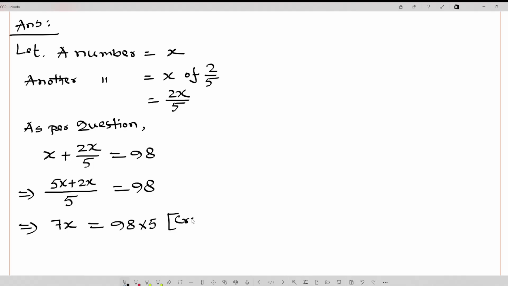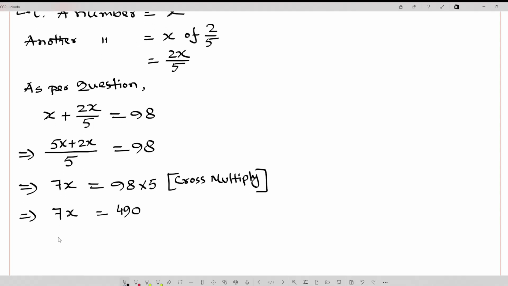This is cross multiply, right? Then 7x equals 5 times 8 is 40, 0, 5 times 9 is 45, so 490. Okay, then we can divide both sides by 7. So x equals 490 divided by 7.